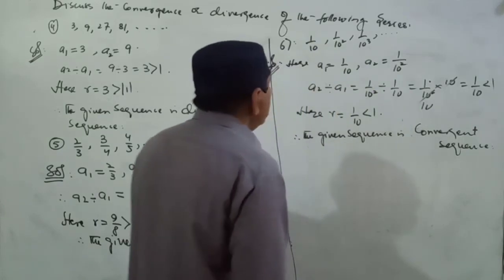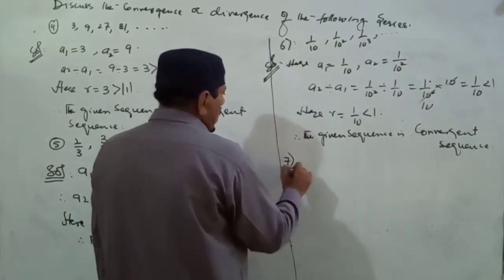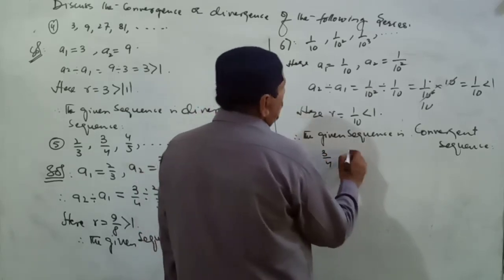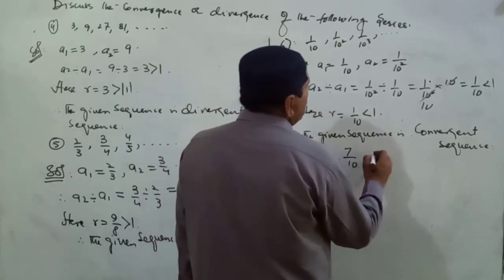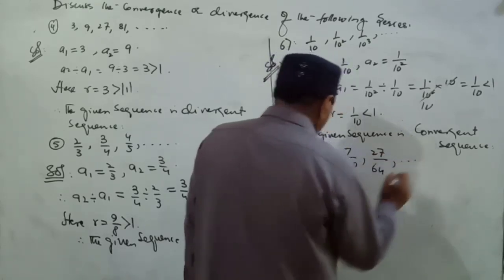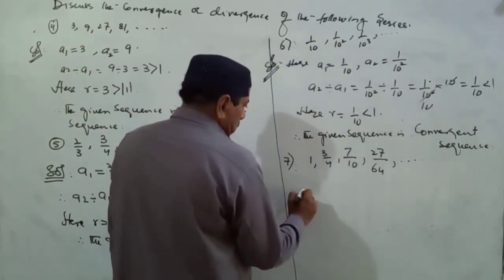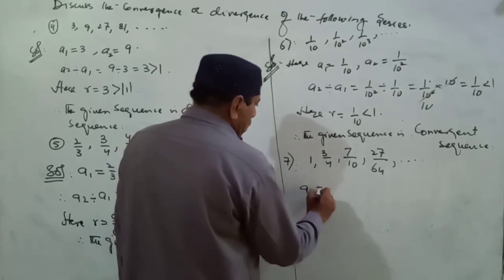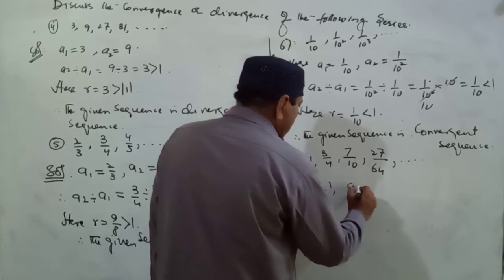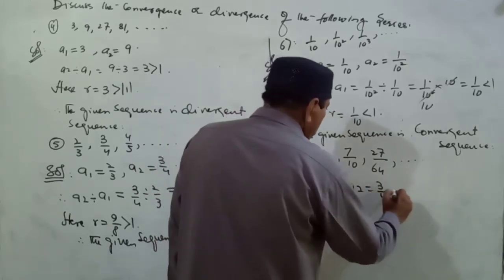Okay. Next is number 7. 1, 3 upon 4, 7 upon 16, 27 upon 64. A1 is equal to number 1 and A2 is equal to 3 upon 4.